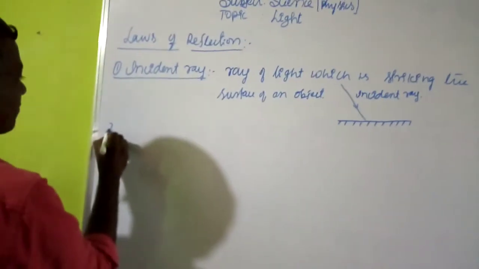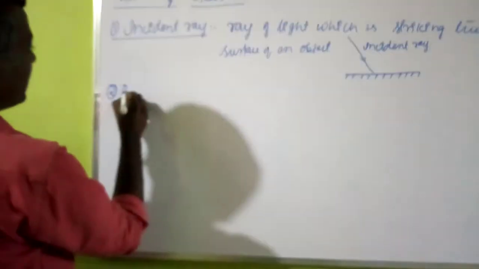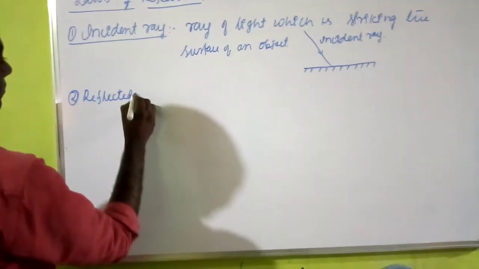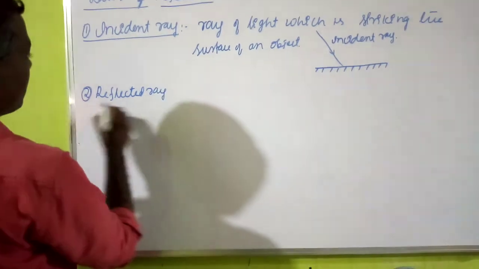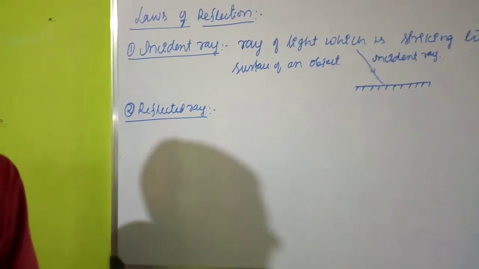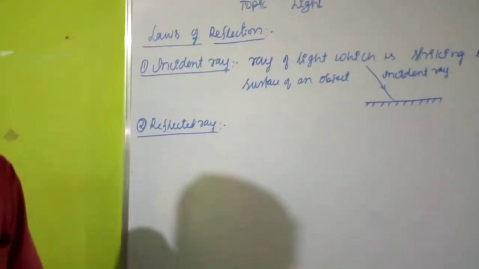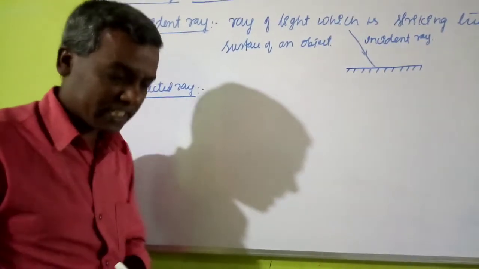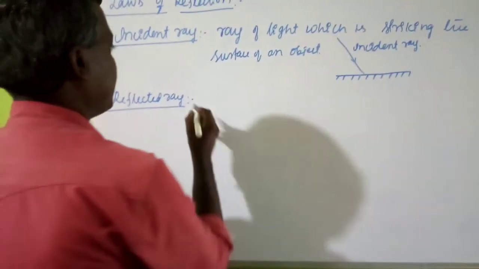Okay students, next, the second one is the reflected ray. What is meant by reflected ray? The ray which is coming back after striking the surface of an object is called a reflected ray.